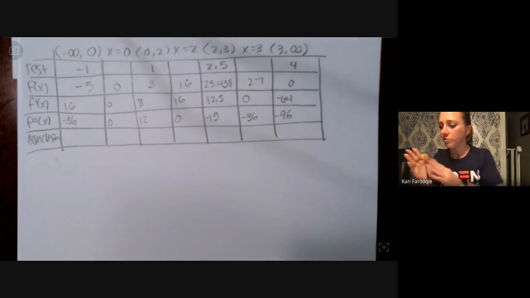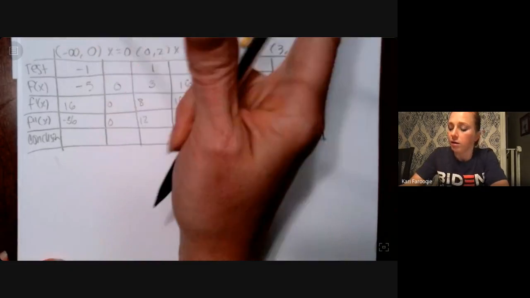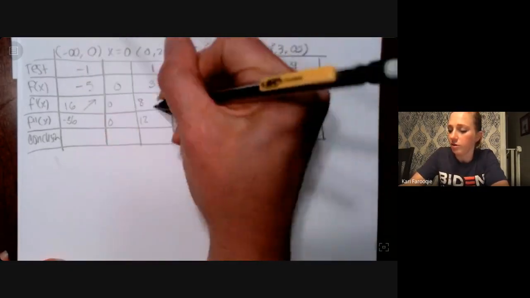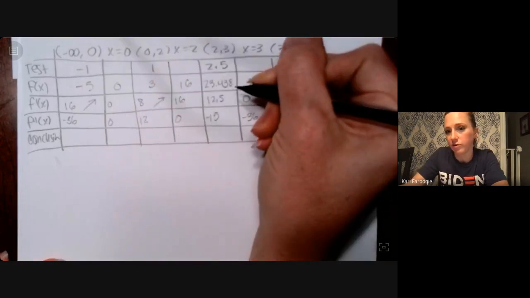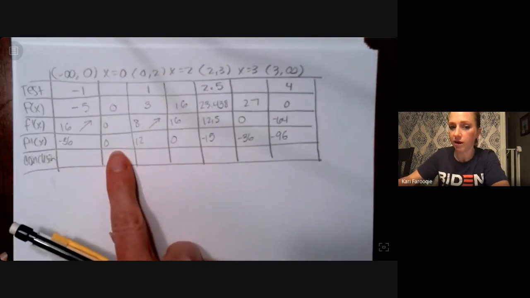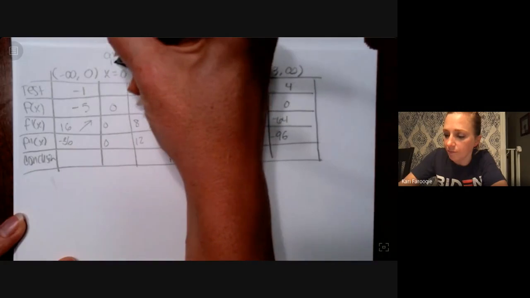All right, I'm going to make some conclusions now. I'm looking at these intervals. The derivative is positive, my function's increasing. The derivative's positive, my function's increasing. Interesting, because over here I had 0 as a critical number and a possible point of inflection.